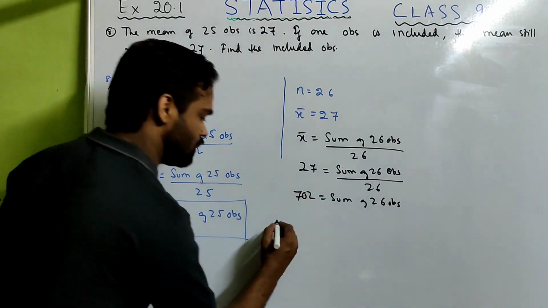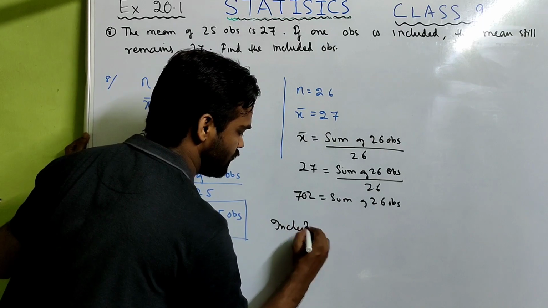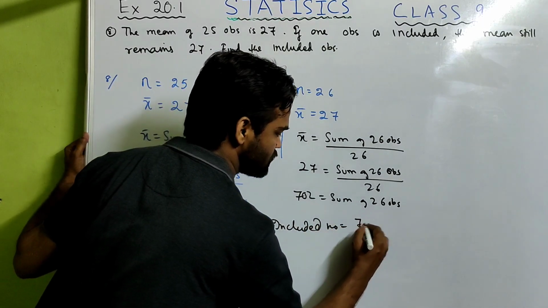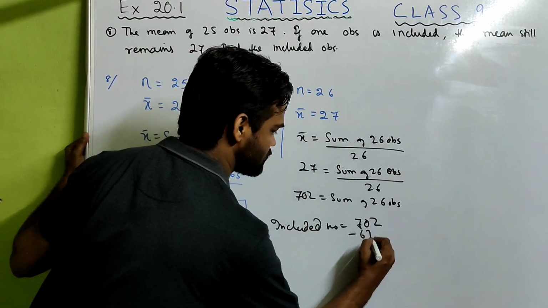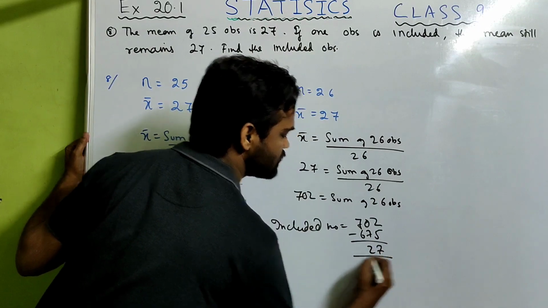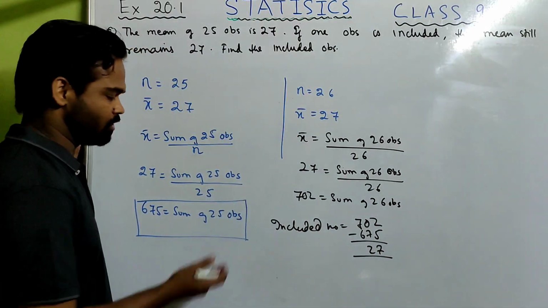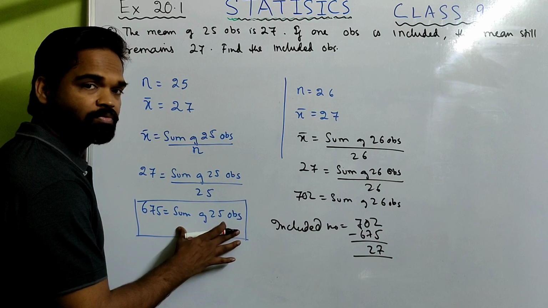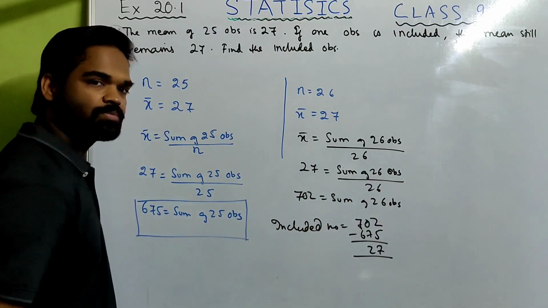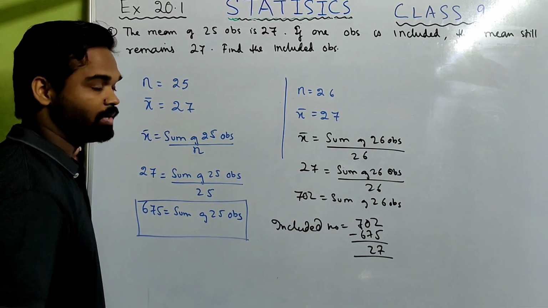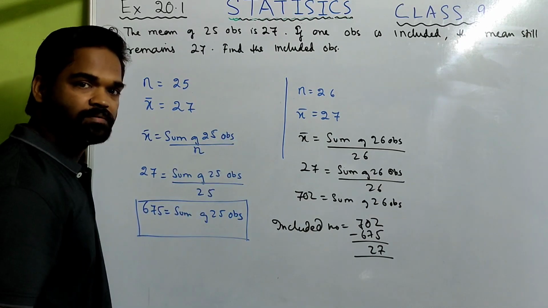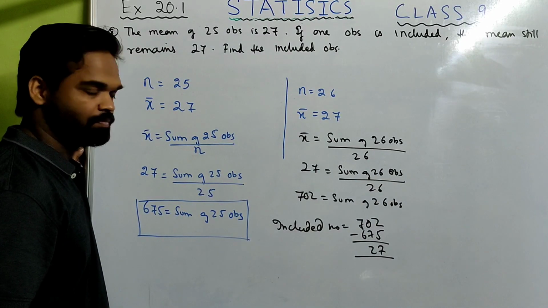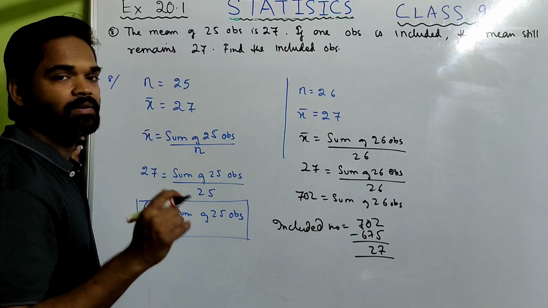When you add, the included number is nothing but 702 minus 675. That's 27. Very easy, just subtract, because this is the sum of 25 observations, this is the sum of 26 observations. Subtract, you will get the 26th observation, which is included. Very easy. Now let us look at the next sum.